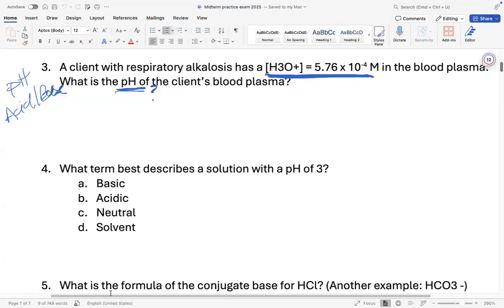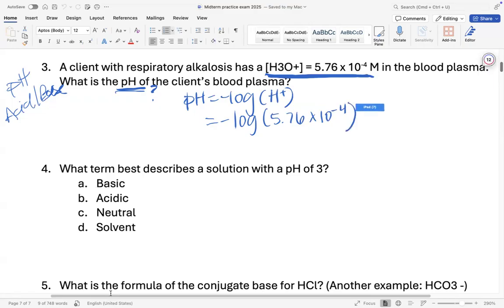So just to reiterate that formula, it's pH equals the negative log of H plus, which is the same as H3O plus. So negative log of 5.76 times 10 to the minus 4.